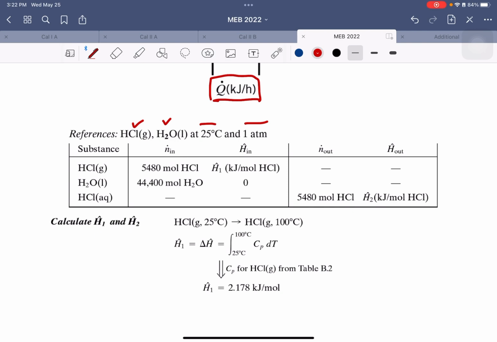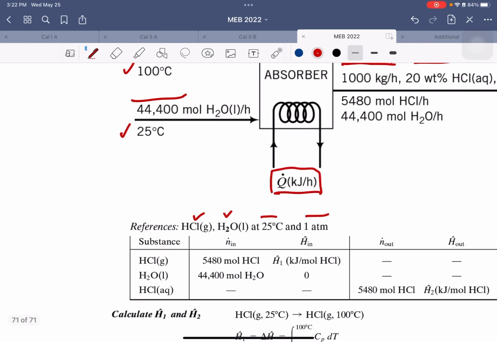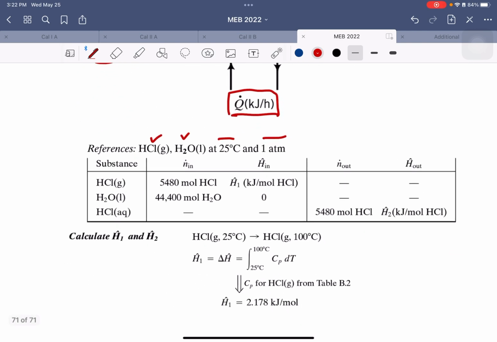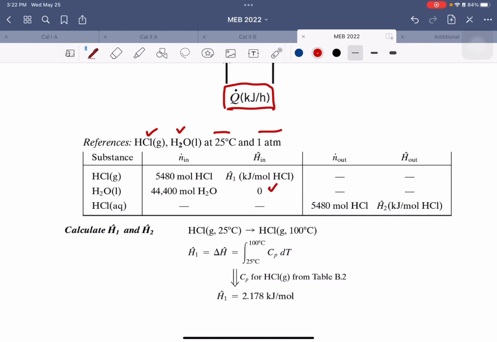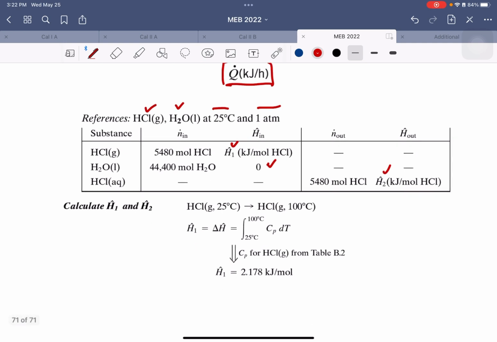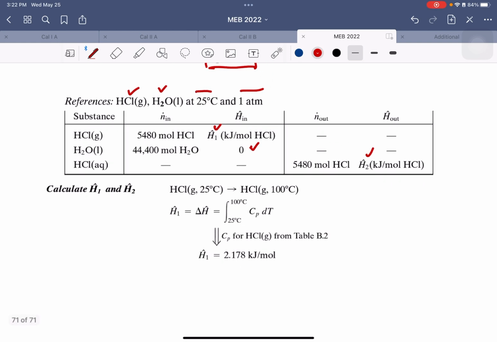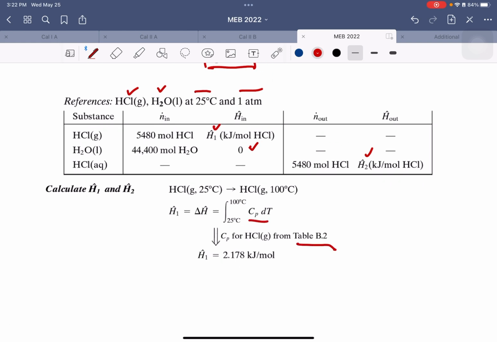This means that the H2O, because it's at 25 degrees Celsius, is going to be 0. So we are going to calculate H1 and H2. H1 we get from table B.2, taking Cp from table B.2.